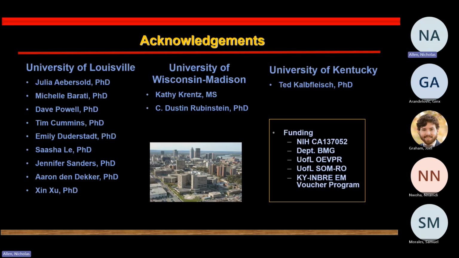Using a GWAS for height, I'm probably going to get the order of magnitude wrong, but I think they've identified like 20,000 different sites. Maybe it's 2,000. Whereas for breast cancer, we're around 200 to 300 using GWAS.